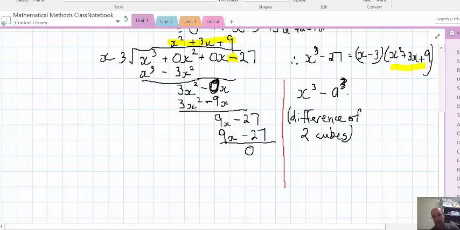And if we use the generic symbols x cubed minus a cubed, where a is an integer, we get this pattern which you should know, and the question just did demonstrated that.